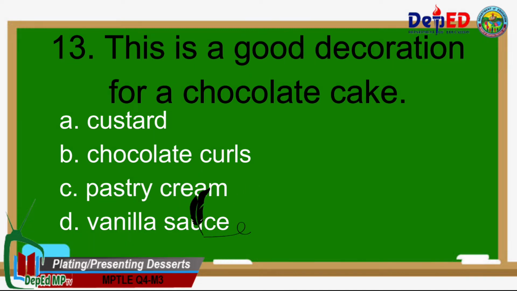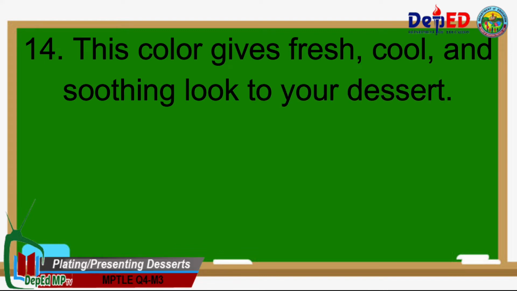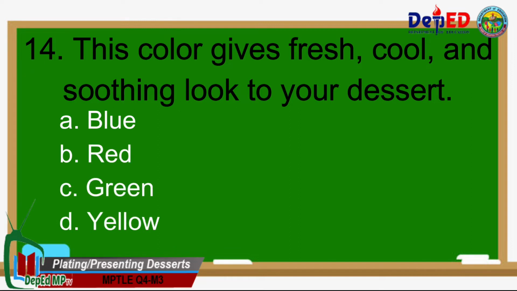The answer is letter D. Vanilla sauce. Number 14. This color gives fresh, cool, and soothing look to your dessert. Letter A. Blue. Letter B. Red. Letter C. Green. And letter D. Yellow. The correct answer is letter B. Red.